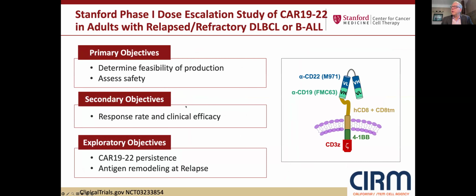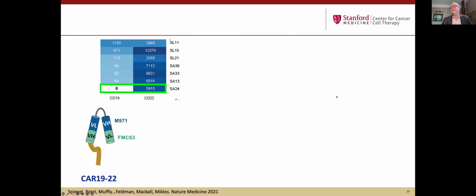Our Stanford organization, with the leadership of Crystal Mackall back in 2017, did a first-in-man investigative study where we tried to build a loop CAR. Here, the green binds CD19 and the purple binds CD22. This is a target that would be good both for lymphoma as well as for acute lymphoblastic leukemia. We expected that we would avoid antigen loss by doing this type of therapy, but we didn't.